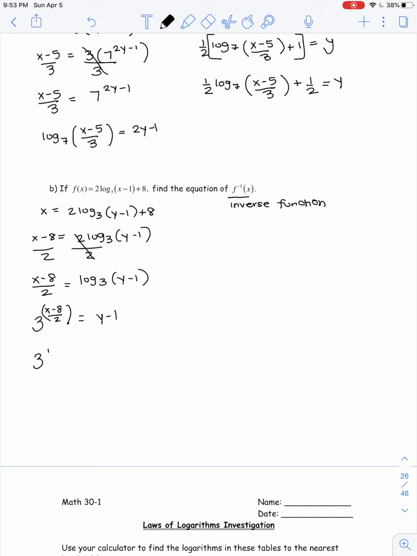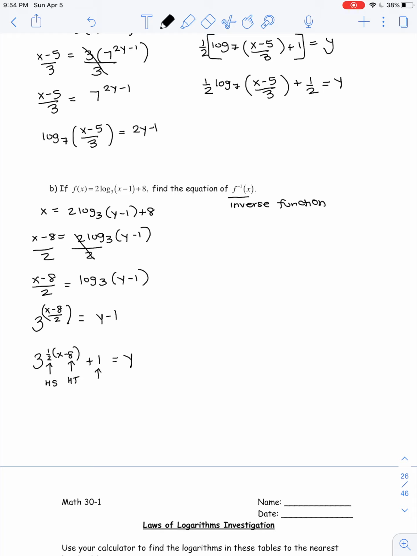So we have 3. What we can do is write it as 1/2 if you want, x minus 8. The reason we can write it like that is then we can see that horizontal stretch. It becomes more clear if you write that dividing by 2 as 1/2 instead. And then we can add the 1, which is equal to y. So now we can actually see what our vertical or horizontal stretch is. This is our horizontal stretch.